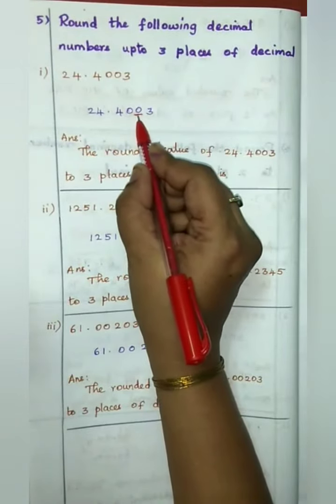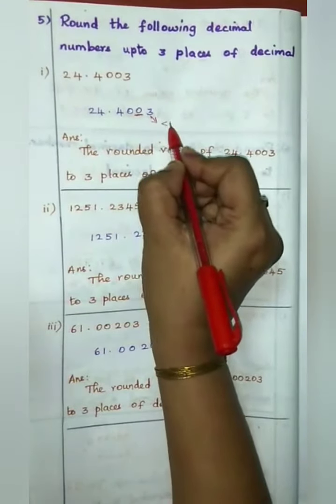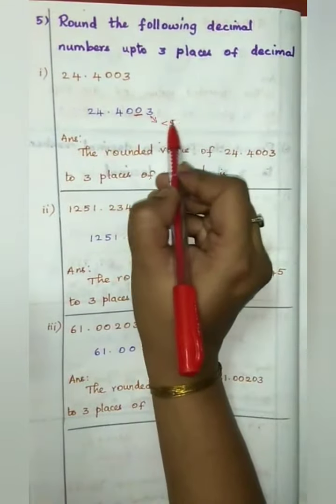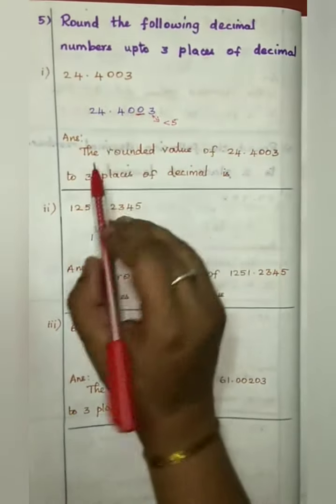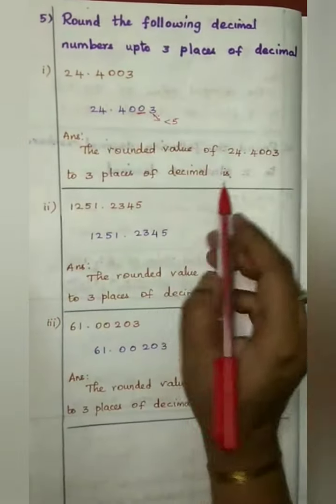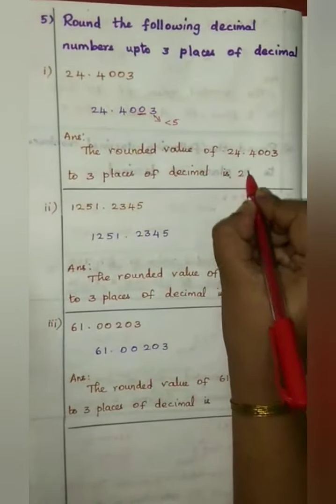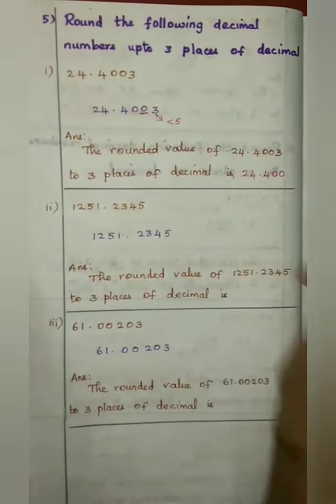Now look at the digit next to 0. It is less than 5. So ignore this. And the underlined digit remains same. So the rounded value of 24.4003 to 3 places of decimal is 24.400.